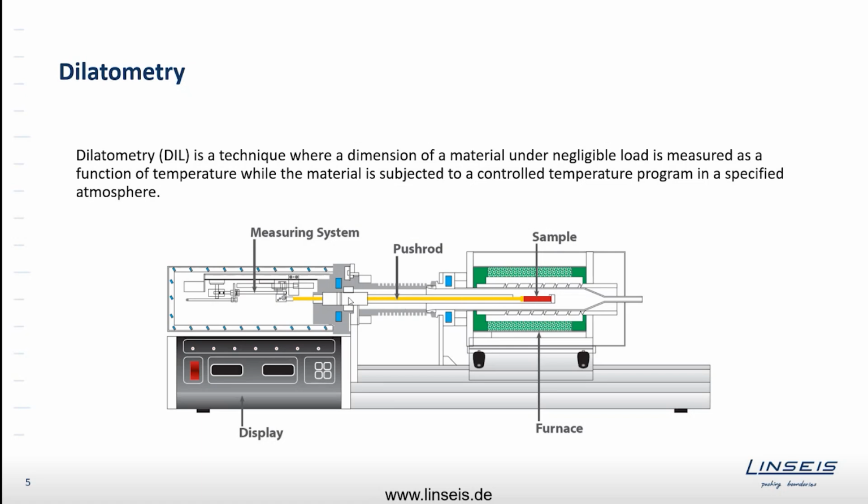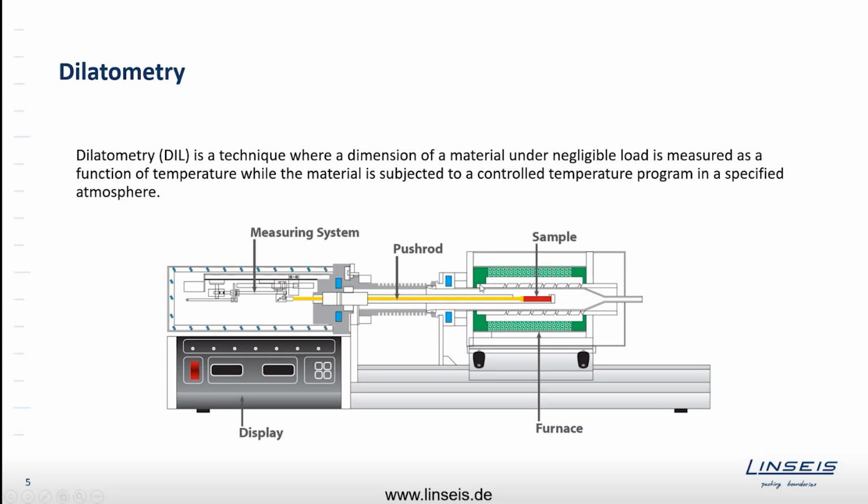And within the sample holder, there is a movable push rod, this yellow part here. This push rod goes from the hot furnace zone through a flange into the measurement chamber. The measurement chamber is usually thermostated and kept isothermal at low temperatures, so around 30-40 degrees. So the conditions here should be stable.